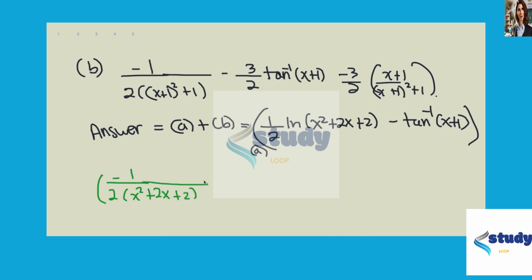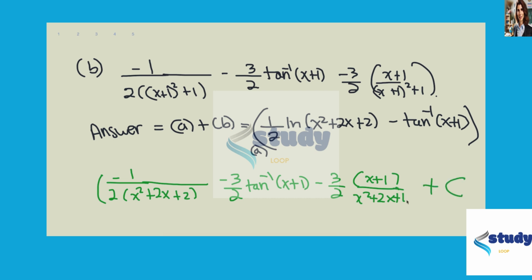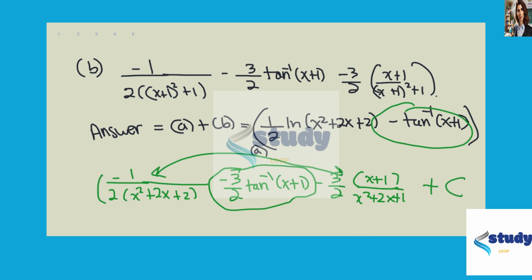Just rewrote that denominator. And then finally, let's add that constant c. And this can be simplified a little bit. You could go ahead and combine these terms, and we can also combine these terms over here. So I'll write that last step.